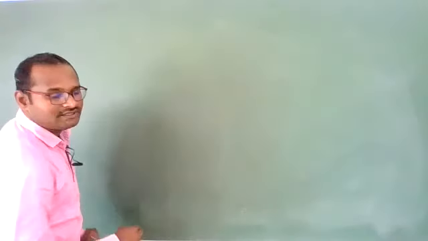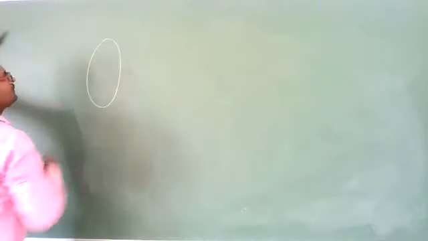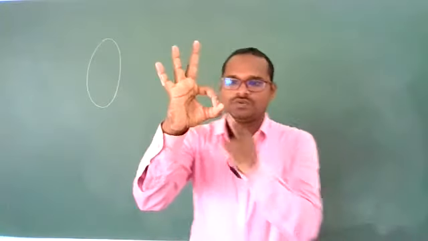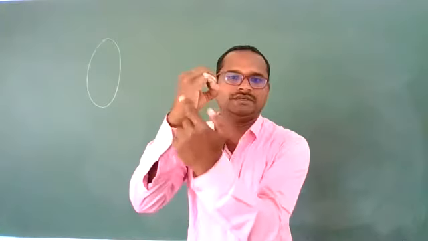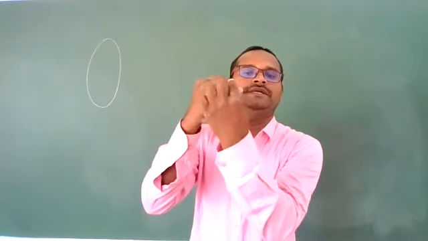Now, still so many points are there on this. We'll discuss that later. Now moving on to one more topic. That is, you take one ring. Okay? On this ring, let us imagine charge is distributed uniformly.